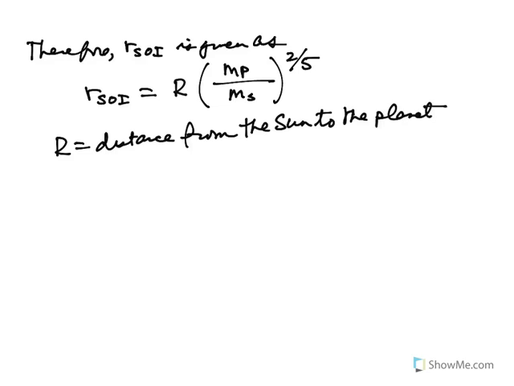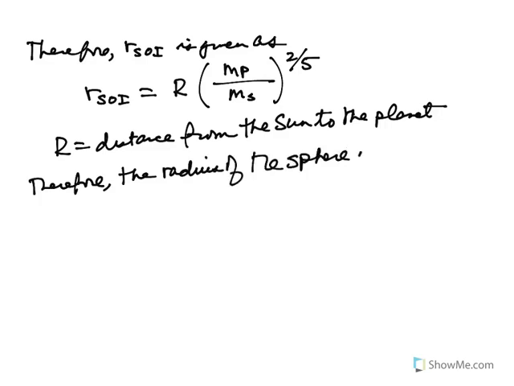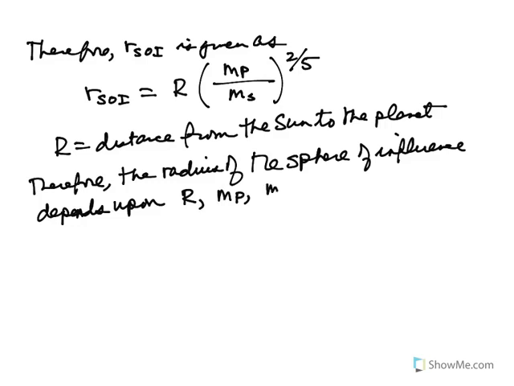And that means that the radius of the sphere of influence depends upon R, the mass of the planet, and the mass of the sun. Which makes sense because we're comparing the effect of the planet's gravitational field to the sun's gravitational field.